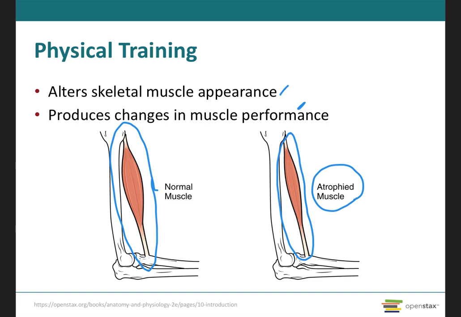Now, age-related muscle atrophy is called sarcopenia, and this usually starts around the age of 40 with a very linear decrease, which will result in an individual losing about 50% of skeletal muscle mass and skeletal muscle strength when they get to be 80 years old.